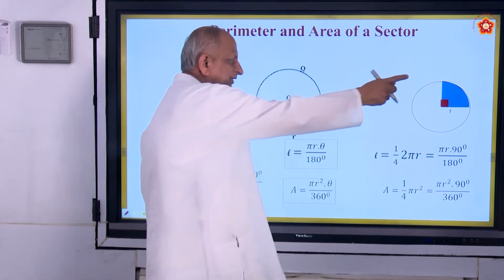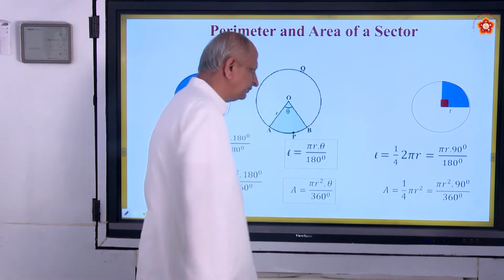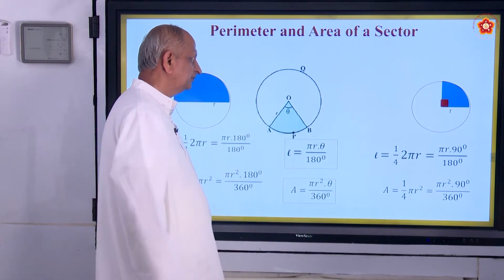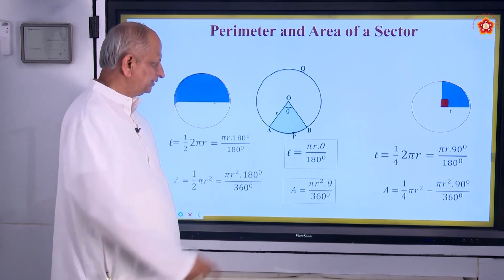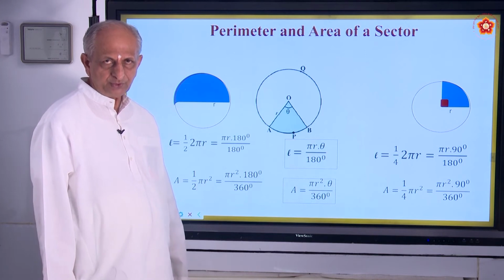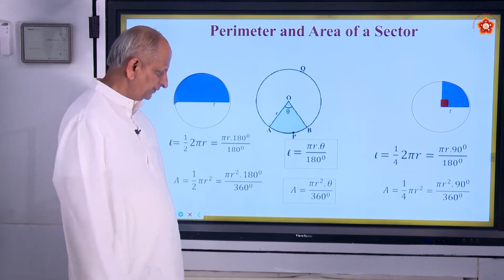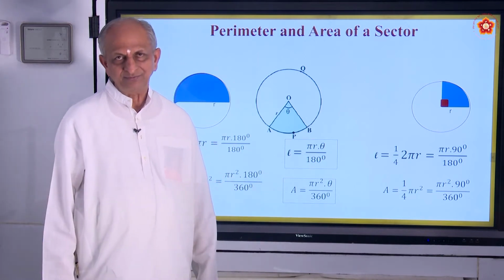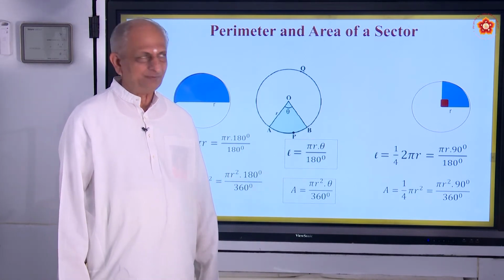Divide into 4 parts, it is called as quadrant, and this part here is called as sector. Here theta may vary to different angles, 0 to 360 degrees. That is why you are given as theta. Theta is a name given to the angles. Usually in trigonometry you use the word.